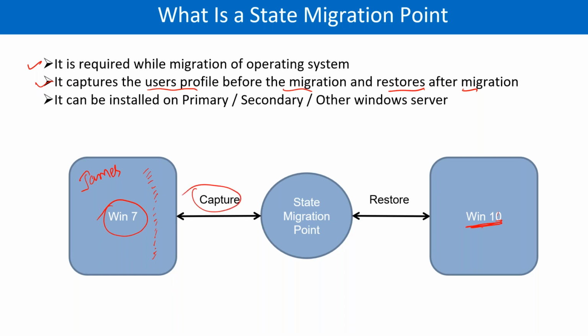So we will capture and then we will restore. So whatever the files and documents he had on Windows 7, James will be able to get all of them. So state migration point helps you to capture user data and then restore on the other operating system.